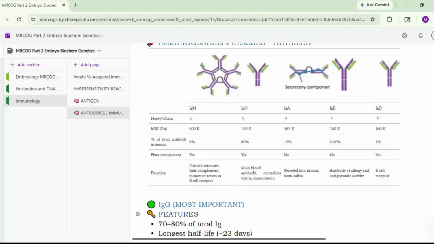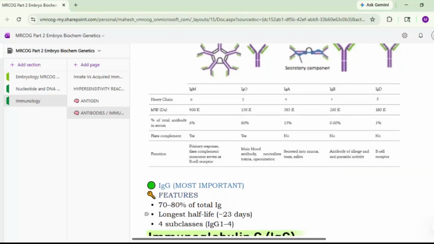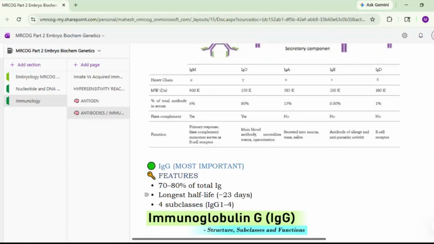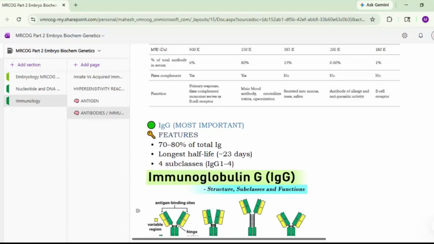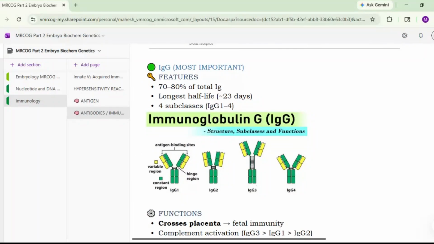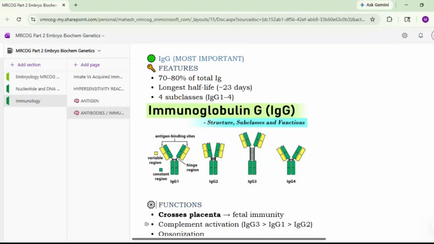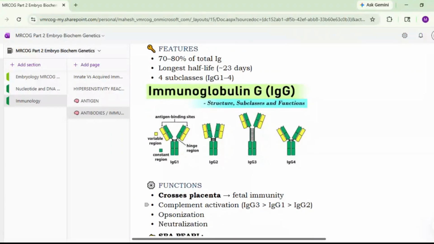Now let us see about IgG. We have seen already that 70 to 80% of the total immunoglobulin is IgG. It has the longest half-life, around 23 days. There are 4 subclasses: IgG1, IgG2, IgG3, and IgG4. Its function: it crosses the placenta and gives passive immunity to the fetus.